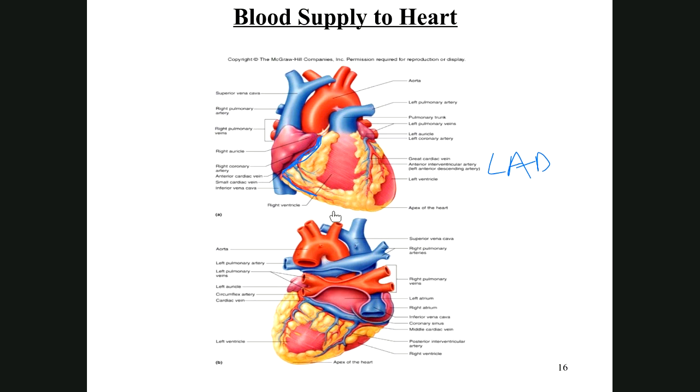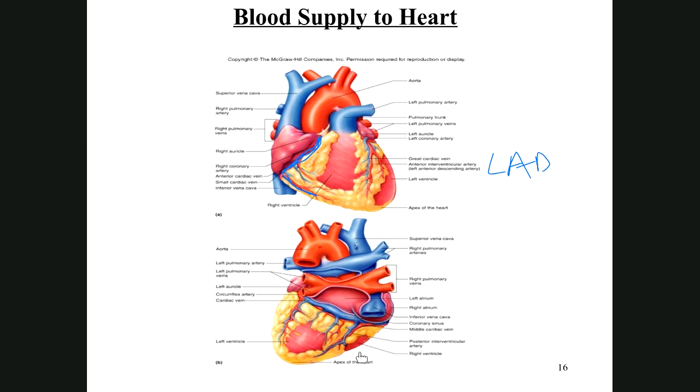Similarly, running along the marginal artery here is the small cardiac vein. The small cardiac vein also runs all the way in the back as well; you flip it around, and it also goes into the coronary sinus.